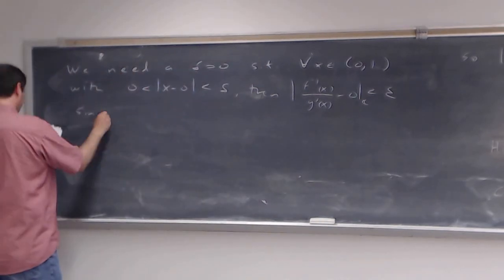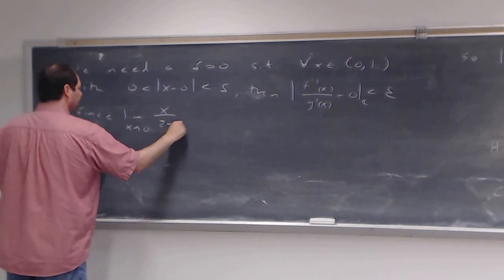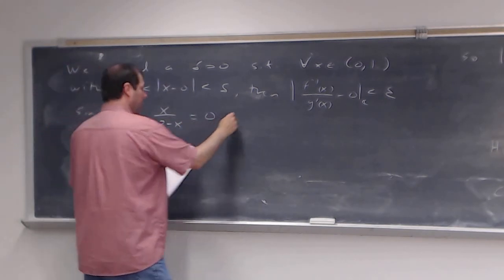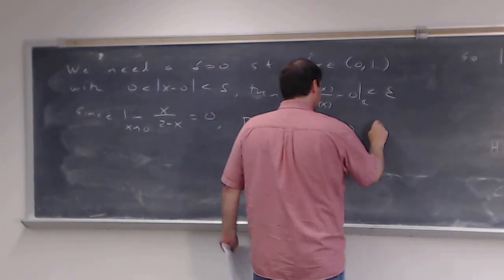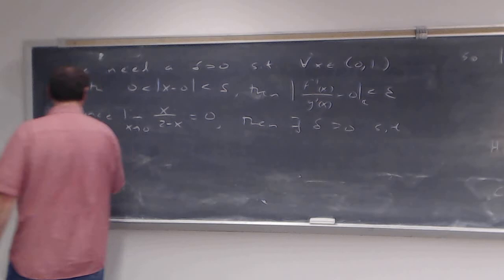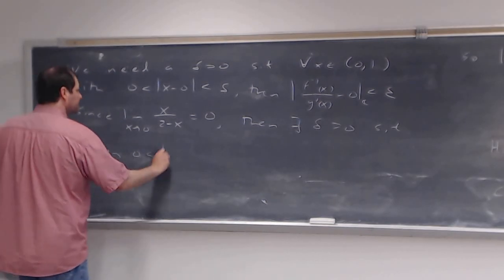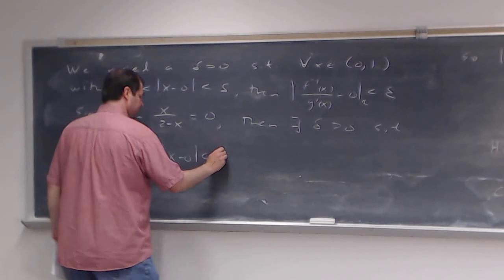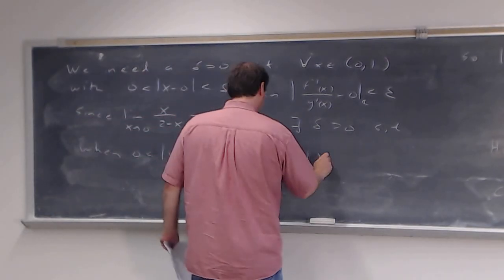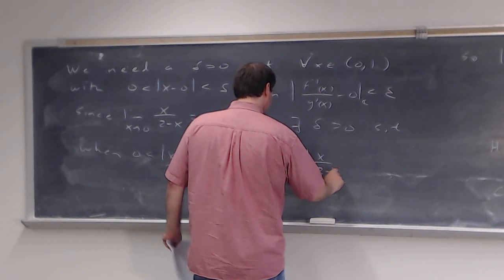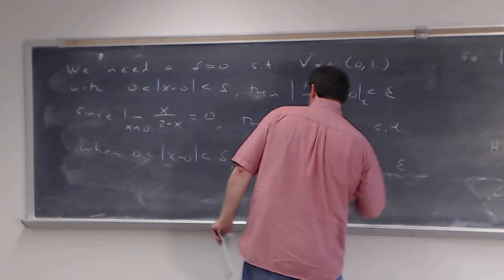Okay, well, since the limit as x goes to 0 of x over 2 minus x equals 0, there does exist a delta greater than 0 such that when 0 is less than |x minus 0| less than delta, then x over 2 minus x minus 0 is going to be less than epsilon.